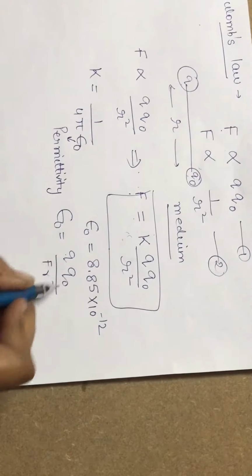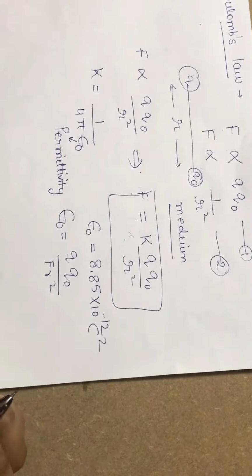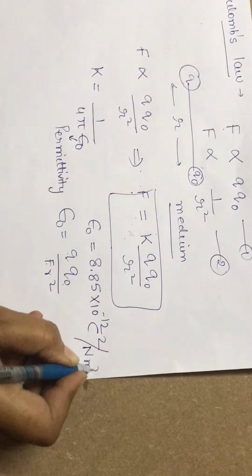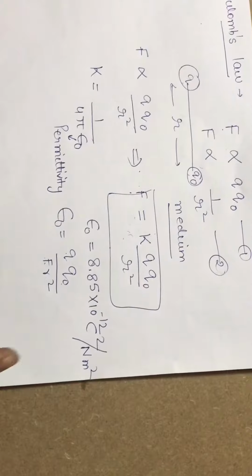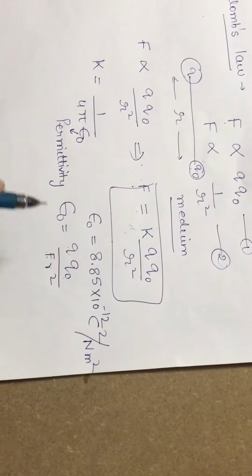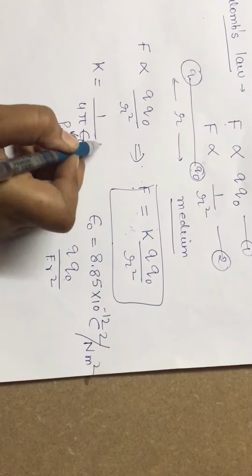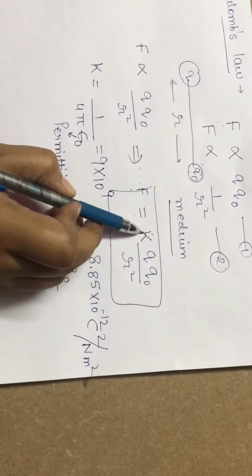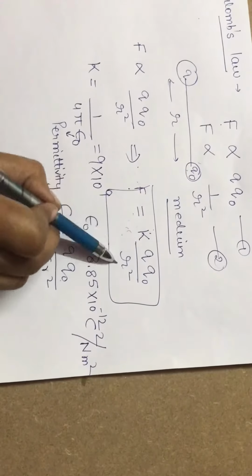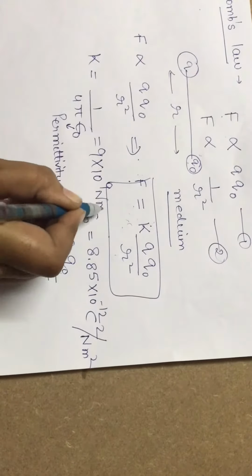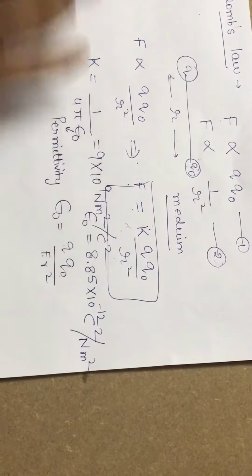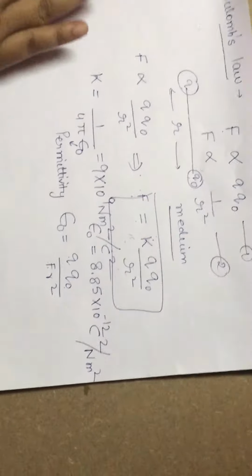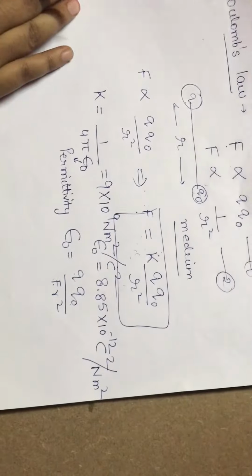So Q is in Coulomb, so this becomes Coulomb square by force, which is Newton, and distance is in meter in MKS unit, meter square. Is it okay? And the value of K is 9 into 10 raised to power 9, and its unit is Newton meter square per Coulomb square. Is it okay? Moving on. So this is how Coulomb's law is justified.